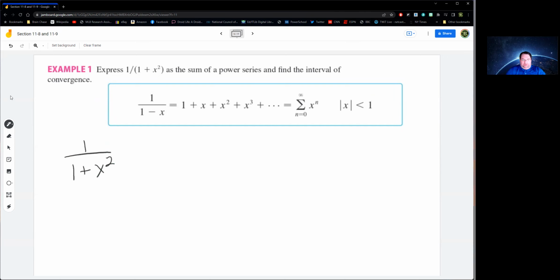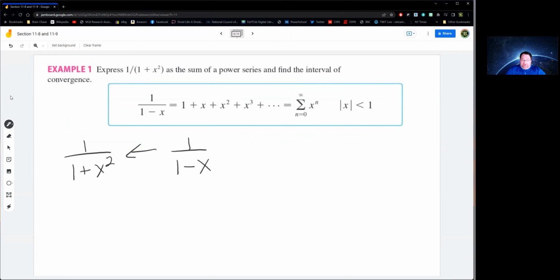To make this work, I need to change this into this. Actually, my arrow's the wrong way. I want to change that into that. I want to figure out what I need to do to modify this to become this.